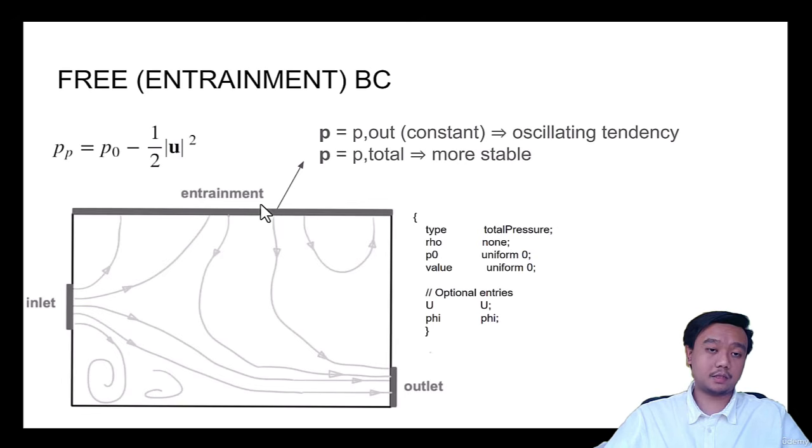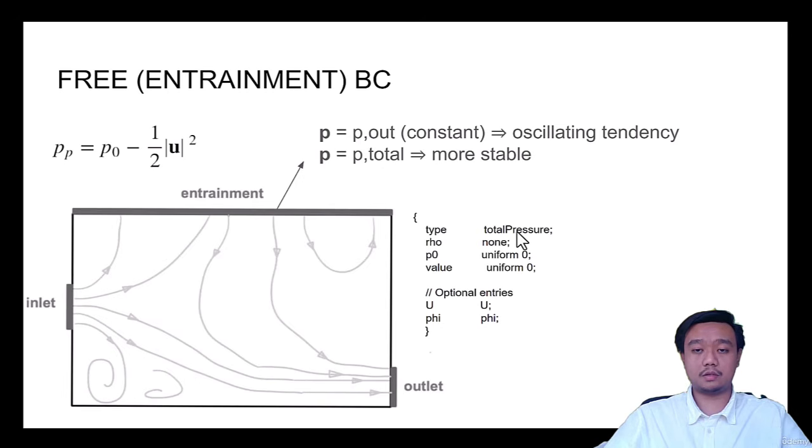For the outlet it will be no problem, but for the entrainment condition the pressure is just static pressure, so it does not include the velocity, so the energy will be lower inside for the inflow condition. Instead, it is recommended to use the total pressure.